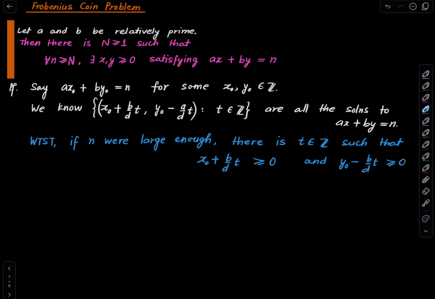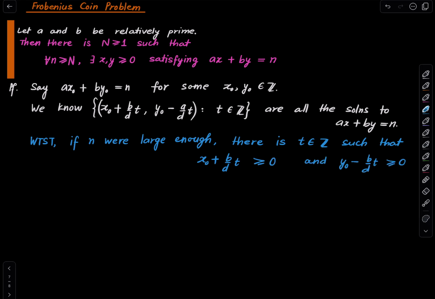Right? This is what we want to do. If n were large enough, then there is something in this set whose both coordinates are non-negative. That's what I have just restated. Maybe I said positive when I was rehashing, but I meant non-negative.